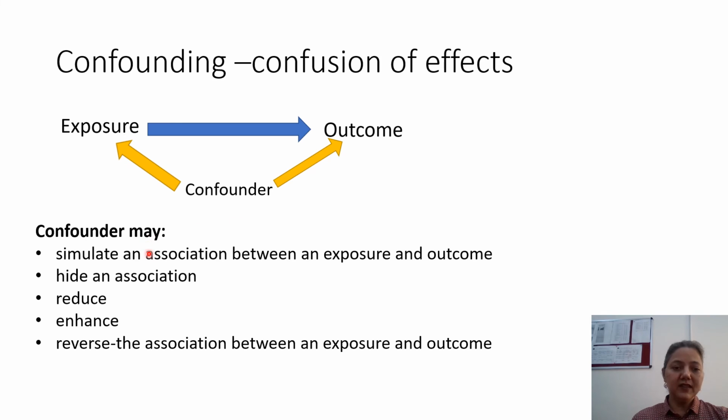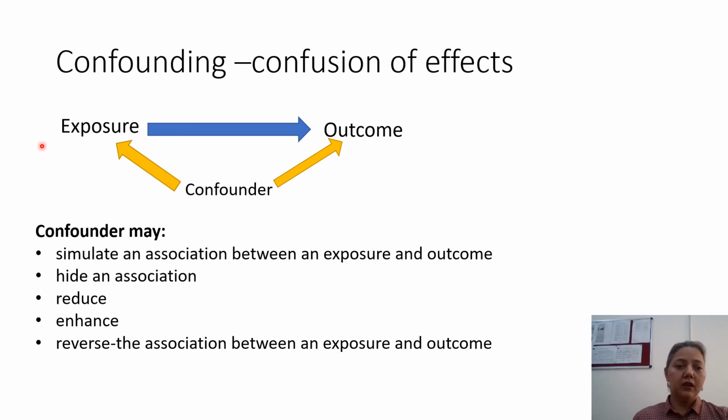Confounders can simulate an association between an exposure and an outcome. They can hide an association between them. They can also reduce the degree of association between an exposure and an outcome, and can enhance the association, and can also reverse the association.